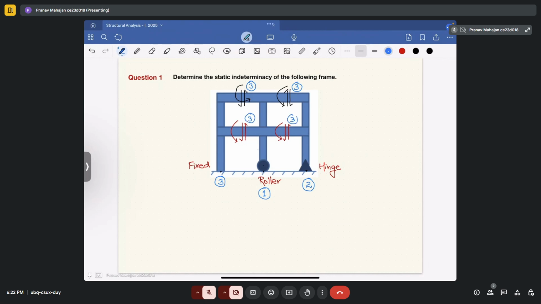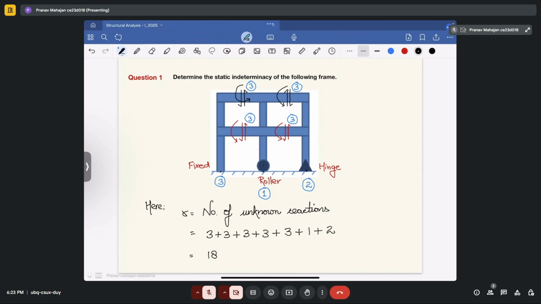Now your total unknowns here will become, R equal to the number of unknown reactions, which is equal to 3 plus 3 plus 3, that is 4 times 3, and now 3 for the fixed support, 1 for the roller support, 2 for the hinge support, and this total accumulates to 18.